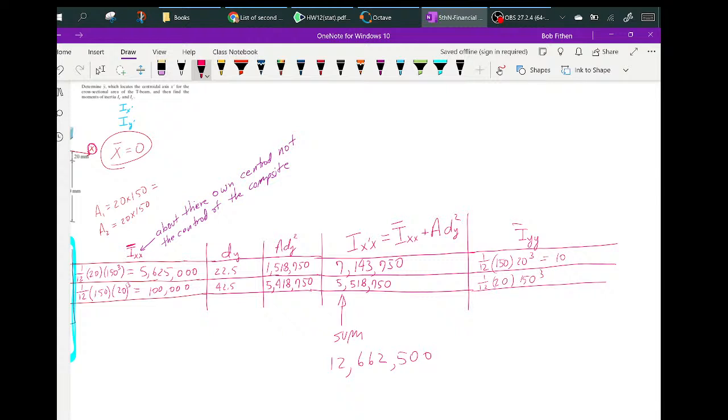Now what happens is I get 100,000 here, and I get 5,625,000 here, which means I sum those. I get 5,725,000, oops, there's an extra 0 there, which means it's 5.7 e to the 6.